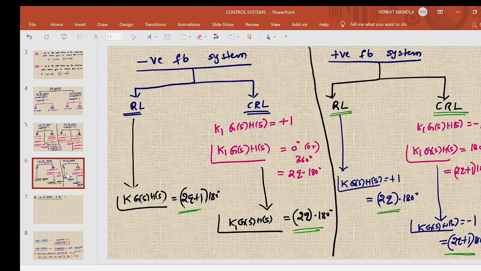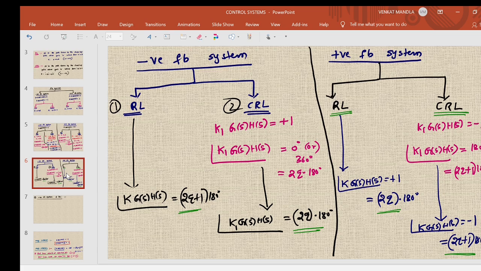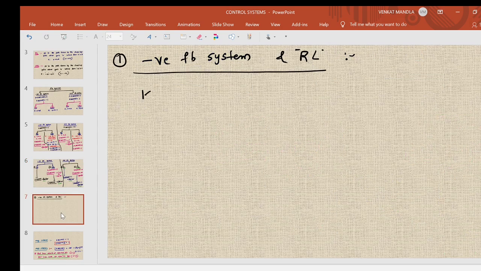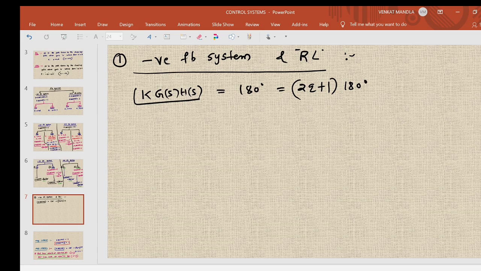This is the first one, then second, third and fourth. The first one is a negative feedback system and root locus. We have the angle criterion as odd multiples of 180 degrees, right? So the angle of GSHS is 180 degrees or odd multiples of 180 degrees.